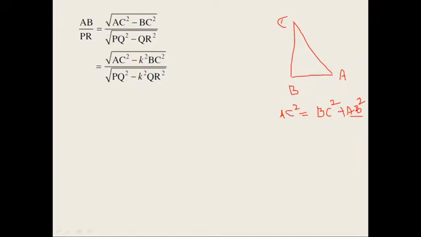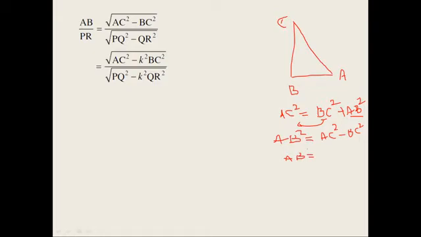AB means what? AB square is equal to AC square, with this BC square transposed to the LHS, minus BC square. So AB square means AC square minus BC square.